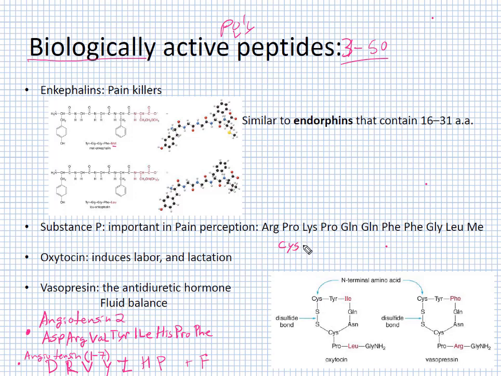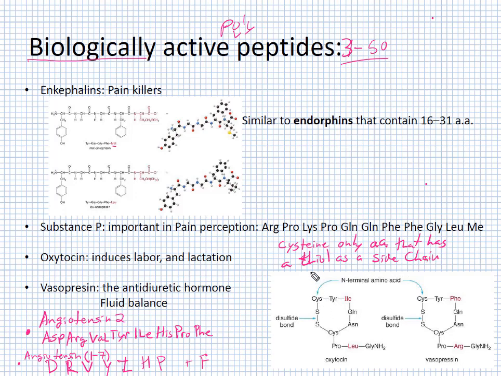Cysteine is the only amino acid, I'll write AA for amino acid, that has a thiol. Remember thiols from that chapter on alcohols? It has a thiol as a side chain. This will become really important later. I'll just mention it briefly here.